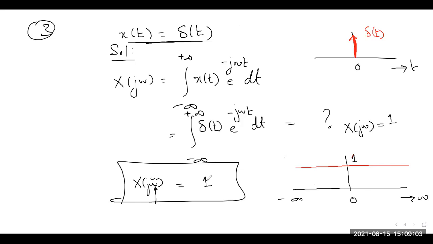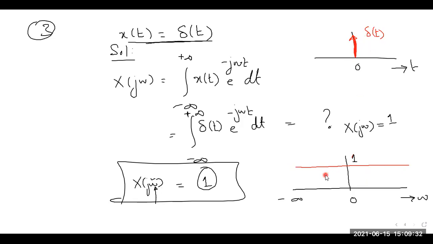Irrespective of the value of omega, we get Fourier transform equal to 1, which means that inside this signal, if you have a signal like this, how many frequency components are present in that signal? So this graph is telling us that the impulse signal consists of all frequencies, starting from the lowest frequency to the highest frequency.